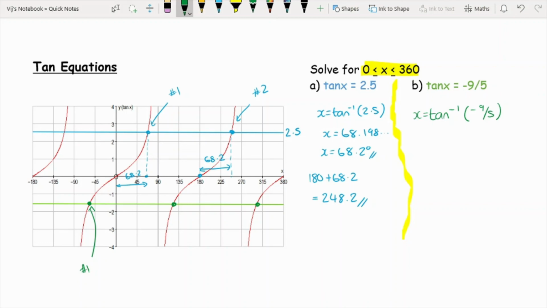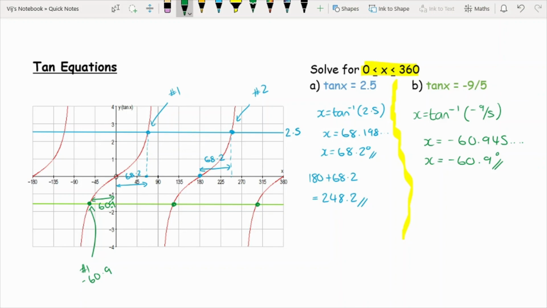And lo and behold, my calculator gives me minus 60.945 with a few extra numbers. So I'm going to round this to minus 60.9 degrees. So the first angle here is at minus 60.9, and what that tells me is that the distance from that point to the origin is 60.9.